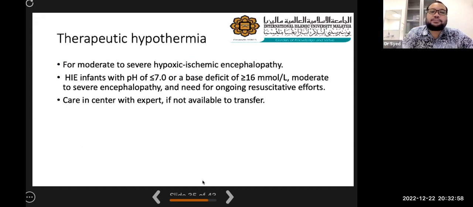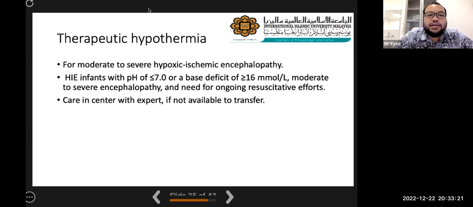Okay, next, therapeutic cooling, therapeutic hypothermia. So normal temperature for newborn babies is 36.5 to 37.5. So therapeutic cooling is for babies who have moderate to severe HIE. Again, looking at your Thompson score, if it reaches 7, then we should start therapeutic cooling.